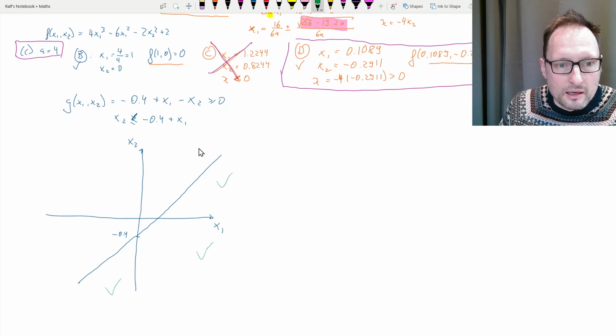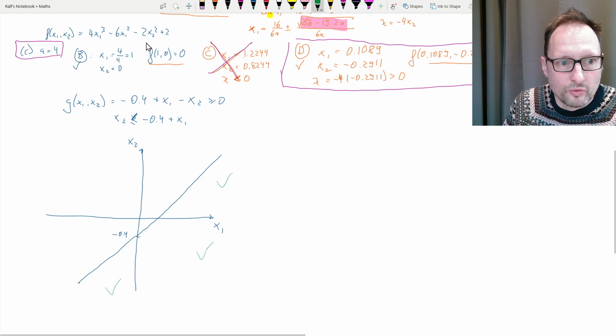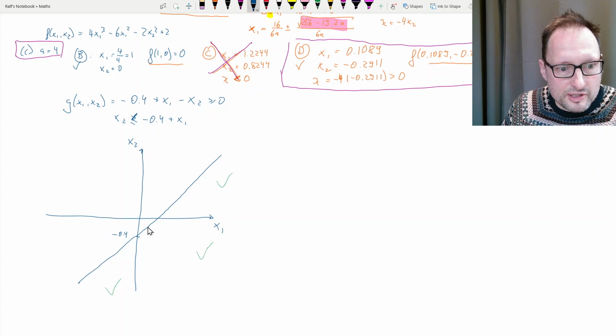Okay. So let's see where our points actually were. Point B was 1, 0. So that's negative 0.4. So 1 is about here. Okay. So this one here was point B.